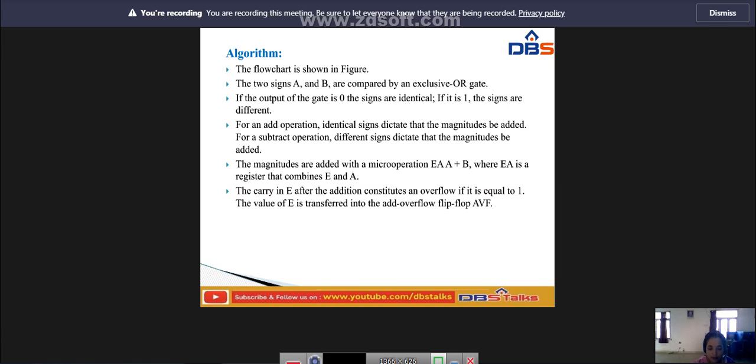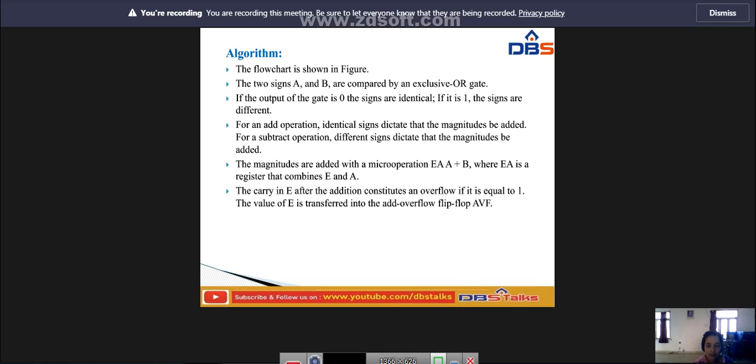The magnitudes are added with the micro operation EA gets A plus B, where EA is the register that combines E and A. The carry in E after addition constitutes an overflow if it is equal to 1.